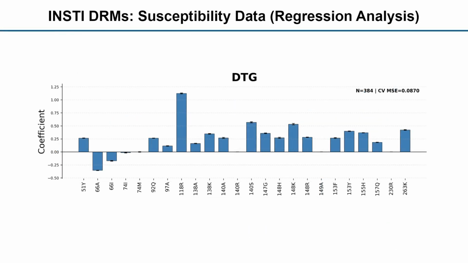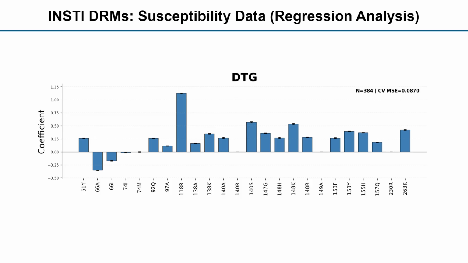This slide summarizes the regression analysis evaluating how individual drug resistance mutations affect dolutegravir susceptibility. G118R, the second most common dolutegravir selected mutation, has the largest impact, producing roughly an 8 to 9-fold reduction in susceptibility. In contrast, R263K, the most frequent mutation, causes only about a 2-fold reduction in susceptibility.